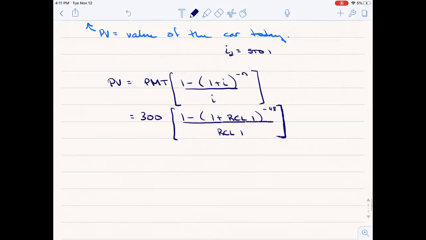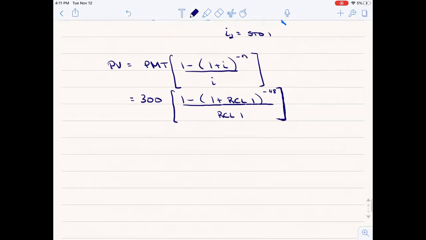Okay, so then we get to work, starting inside the little brackets, inside the big brackets. So 1 plus recall 1 to the power of 48 negative. 1 minus that divided by recall 1. Just so you can check your work, although if you went straight from here to the final answer, that's fine by me.